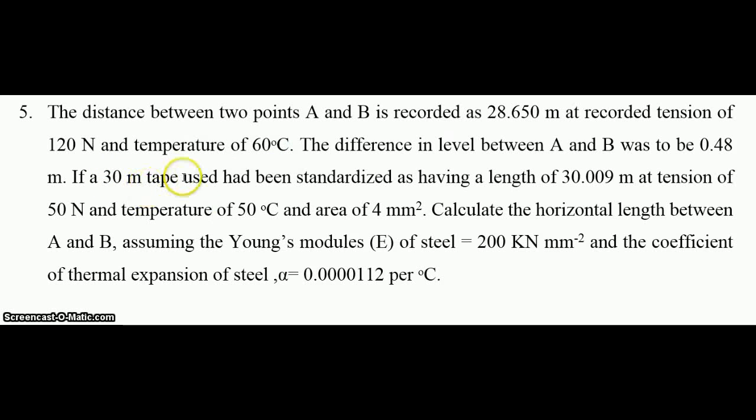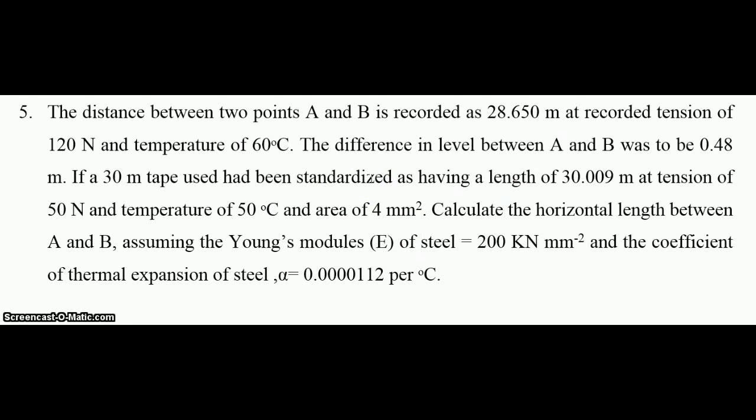Generally this 30 meter tape is the tape actually used in the field, but once it is checked for its accuracy, it came to be known that 30.009 meter is the actual length. When they found this actual length, it was at a tension of 50 newton and at a temperature of 50 degrees centigrade, and the area of the tape is 4 mm square.